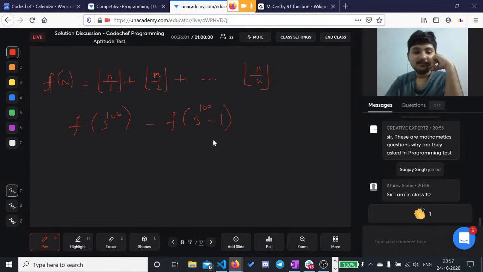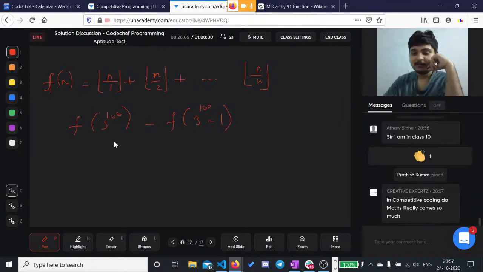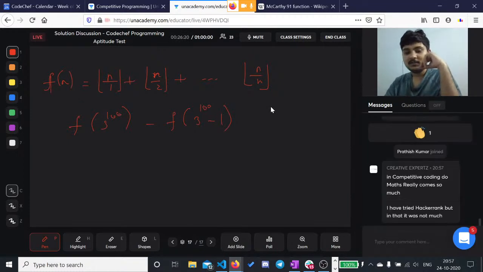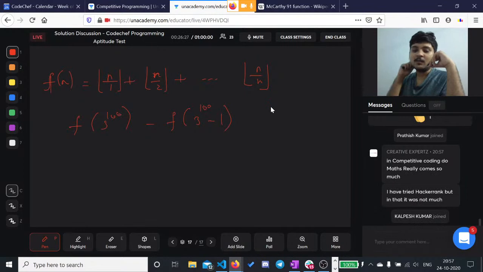Cool. Okay, so, in competitive coding, does maths really come up so much? I wouldn't say it comes up as much as the problems asked in this quiz, but let's say they are somewhat similar. I have tried HackerRank, and in that it was not so much.